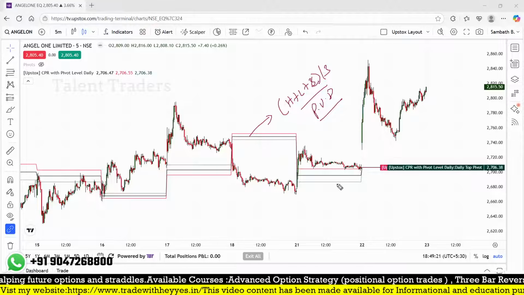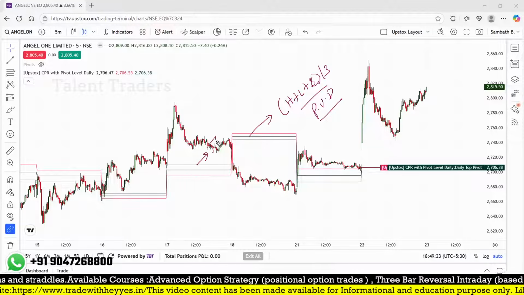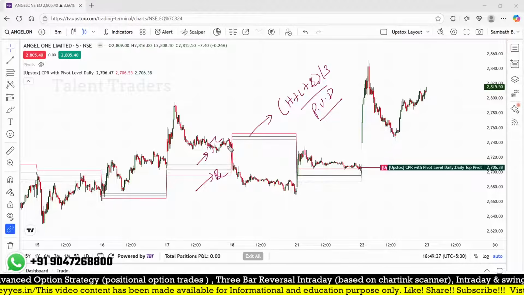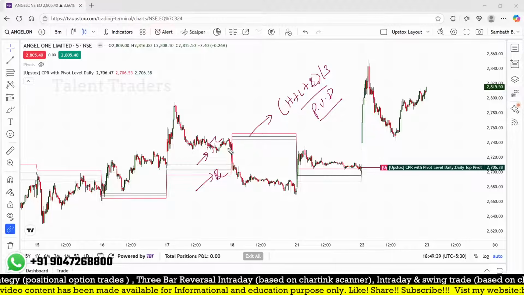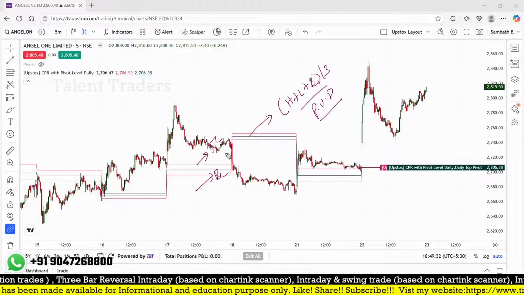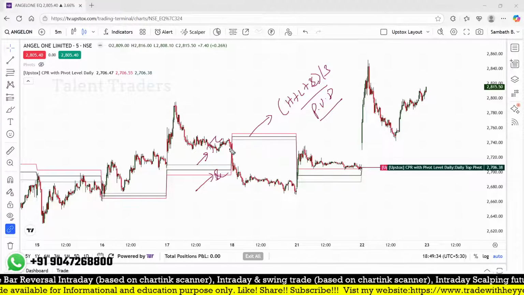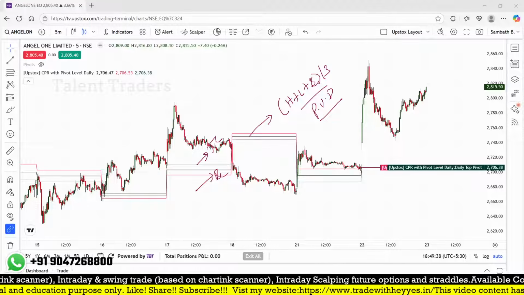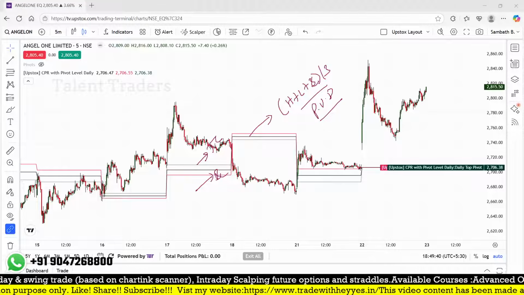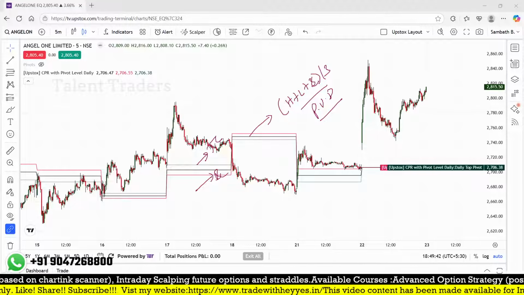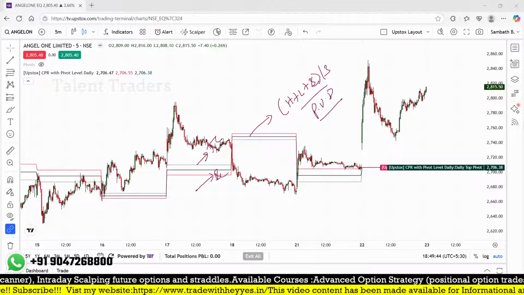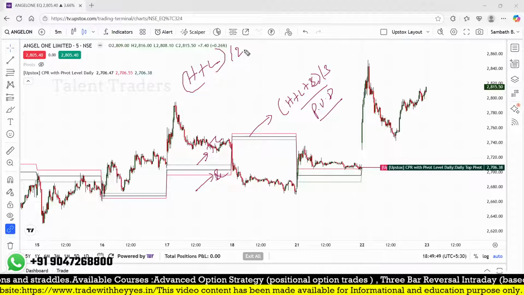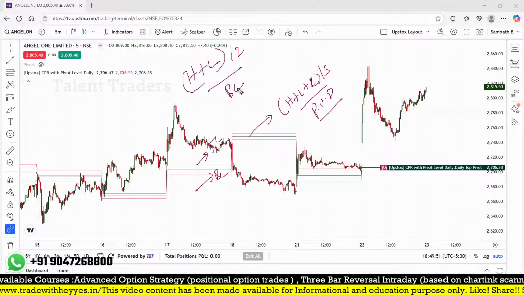And there are two more points, TC and BC, the top central and bottom central pivot. How to calculate the top central? First we need to find the BC, the bottom central. How do we find the bottom central? It is simply the previous day's high plus low divided by 2. This is how we find the BC.